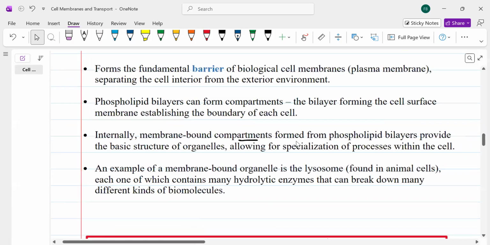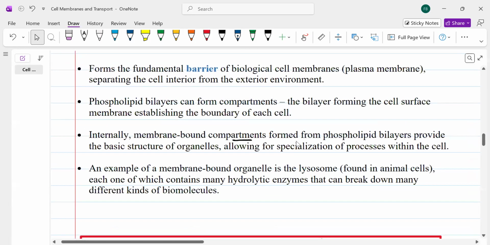Internally, membrane-bound compartments formed from the phospholipid bilayer provide the basic structure of organelles, allowing for specialization of processes within the cell. So the membrane helps them perform their special functions.